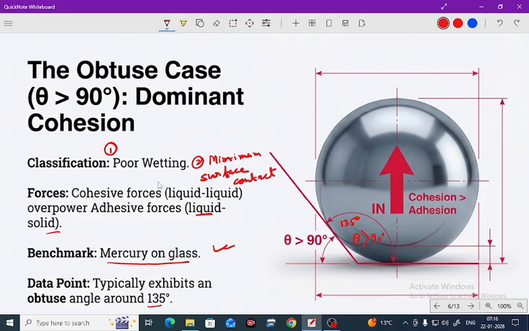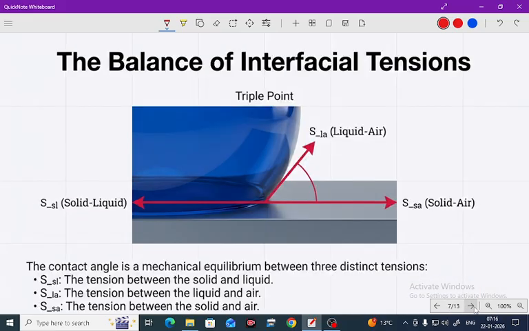Here the cohesion force is greater than that of the adhesion force. Cohesion means forces among the liquid interaction. So it is a poor wetting and minimum surface contact.